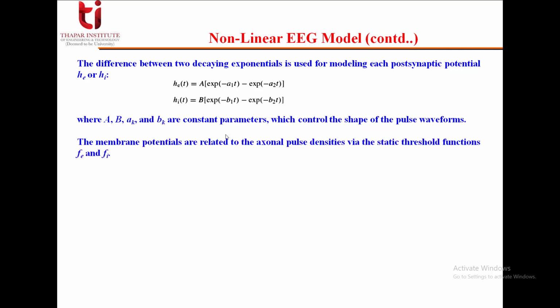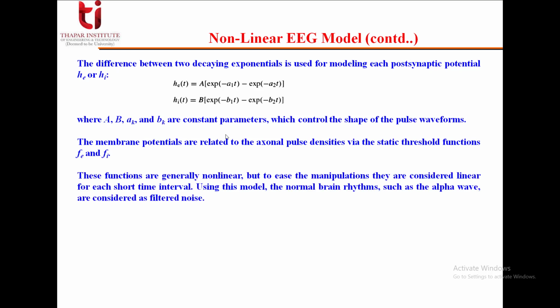The membrane potentials are related to the axonal pulse densities via the static threshold functions, that is Fe and Fi. These functions are generally nonlinear, but to ease the manipulations, they are considered linear for each short time interval. Using this model, the normal brain rhythms such as the alpha wave are considered as filtered noise.